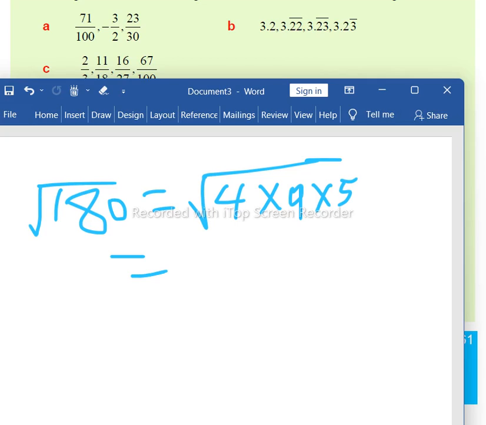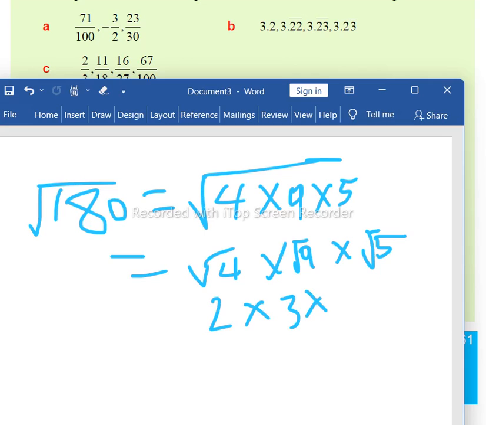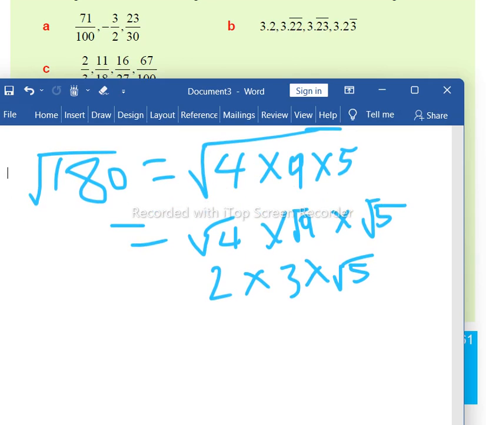After that we can write again this equation as the square root of 4 times the square root of 9 times the square root of 5. As we know, the square root of 4 means the same as 2, the square root of 9 means 3, and the square root of 5 is not a perfect square, so we write it as it is. 2 times 3 is 6, so in simple form we can write this equation like this: 6 square root of 5.